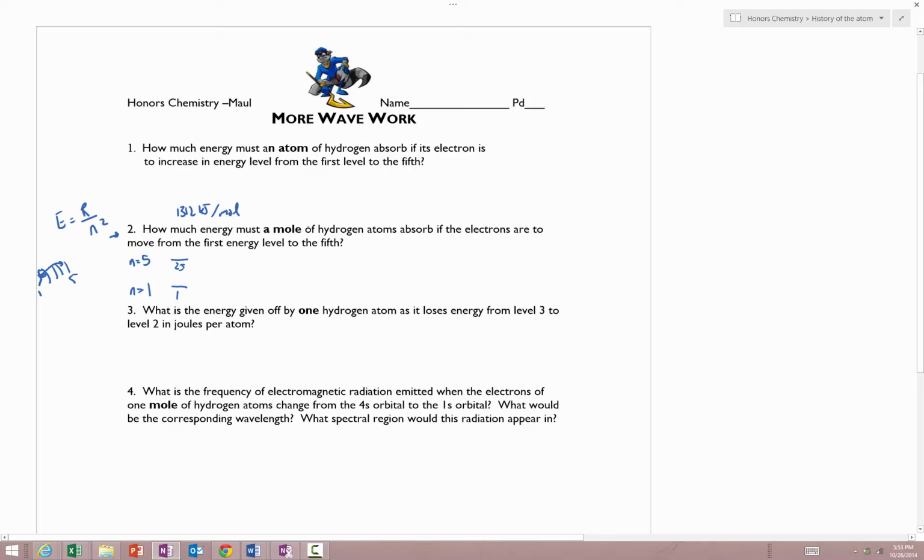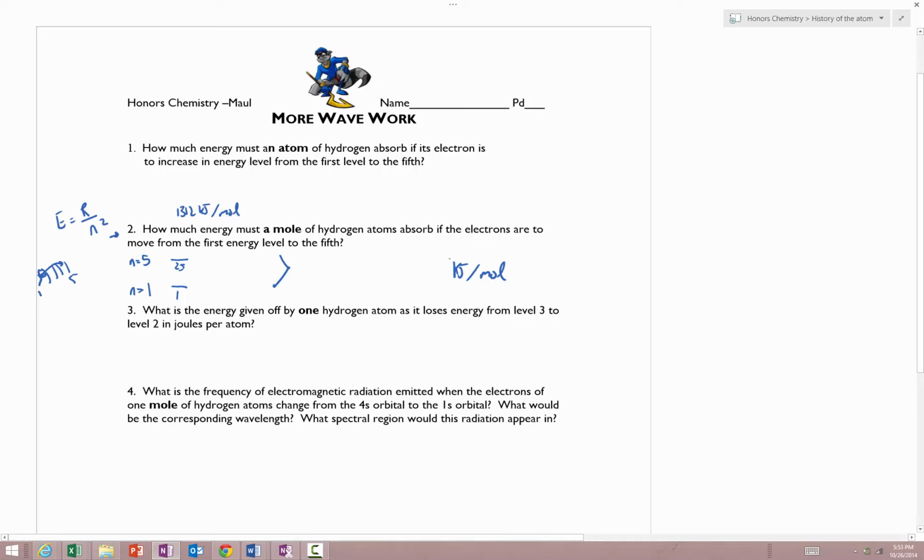Once you have the energies, you just subtract them to get your energy change. You should get an energy change in kilojoules per mole as a final answer.